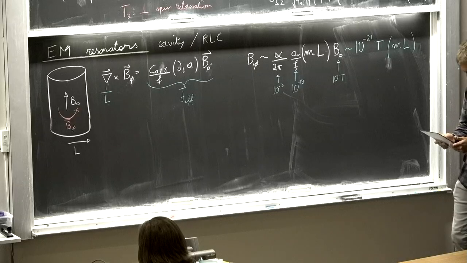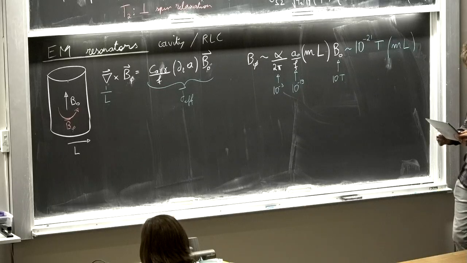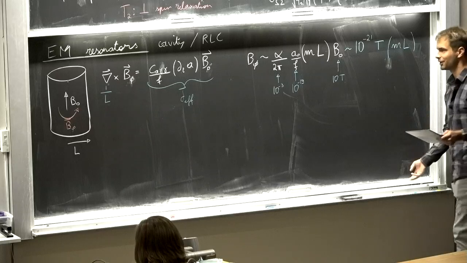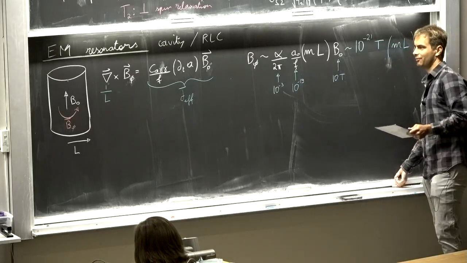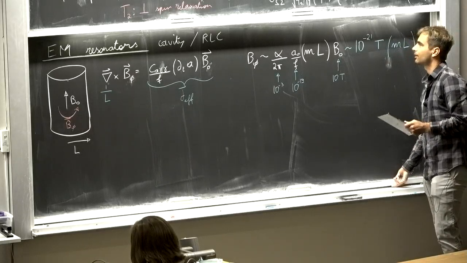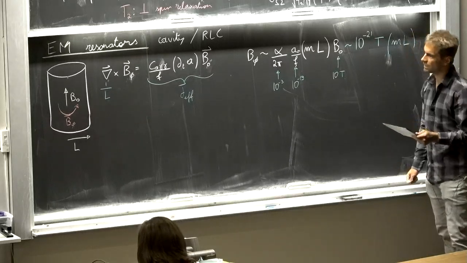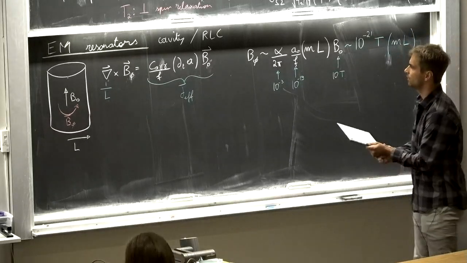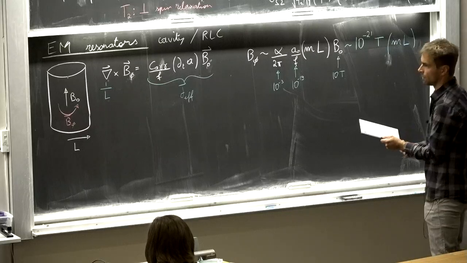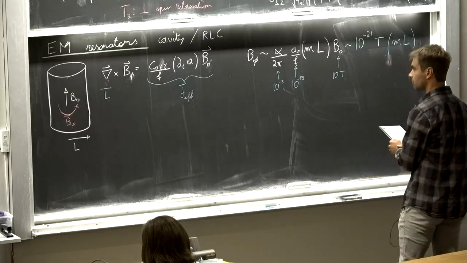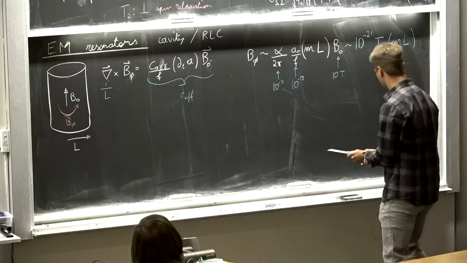Okay, so that's an insanely small signal. So it requires a lot of effort on magnetic shielding, et cetera. But we can ask the same question again. From the fluctuation dissipation theorem, what's the minimum magnetic field that I can detect?